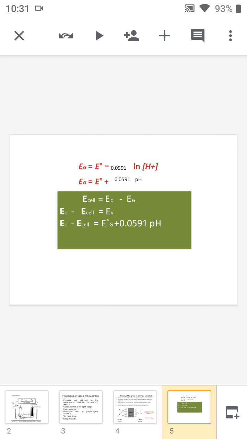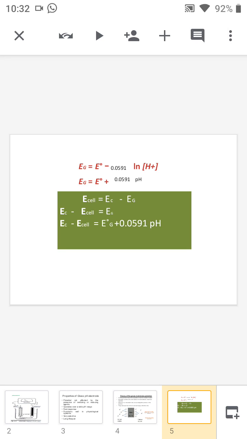So how do we determine the potential? We have already studied the Nernst equation. The potential E of an electrode is equal to E0, the standard potential of the electrode, minus 0.0591 into log of 1 divided by the concentration of H plus. That is the general Nernst equation.